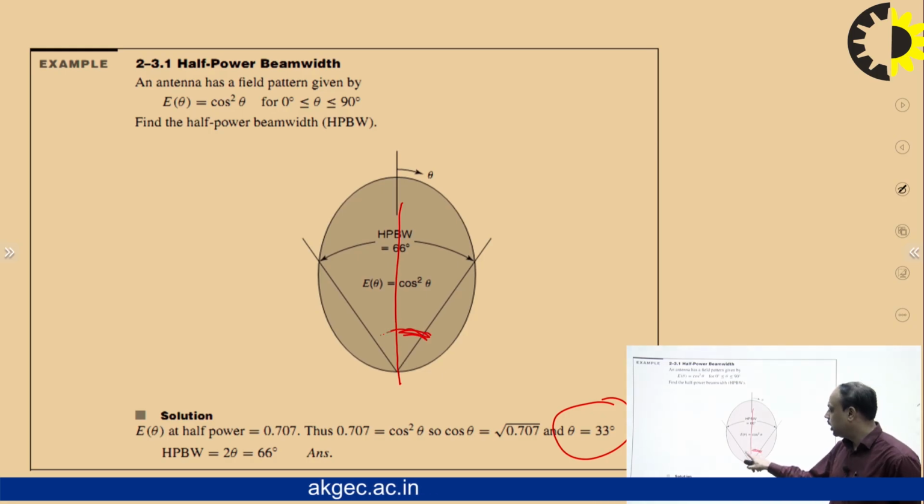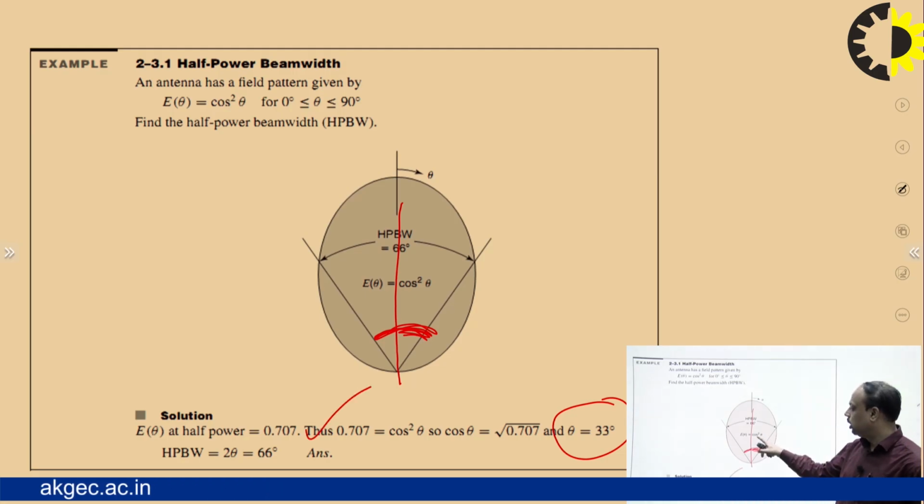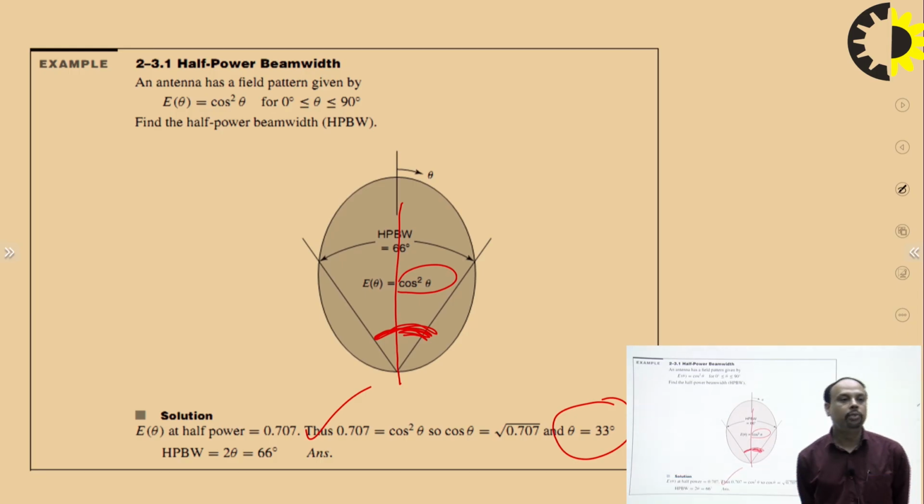So the complete half power beamwidth is twice theta, that is 66 degrees. So if you have the electric field pattern or the power pattern, we can calculate the half power beamwidth by setting the value to 0.707 for the electric field pattern and 0.5 for the power pattern.